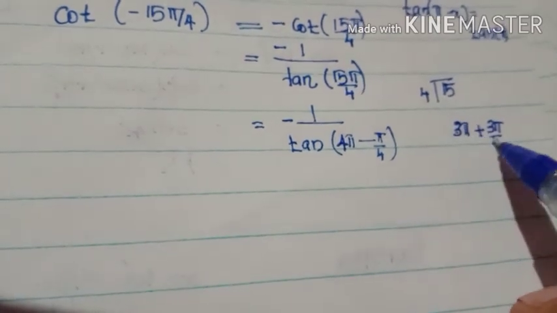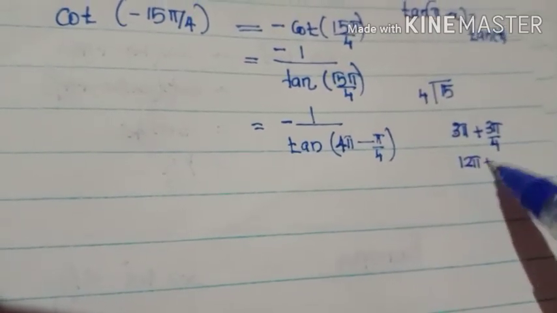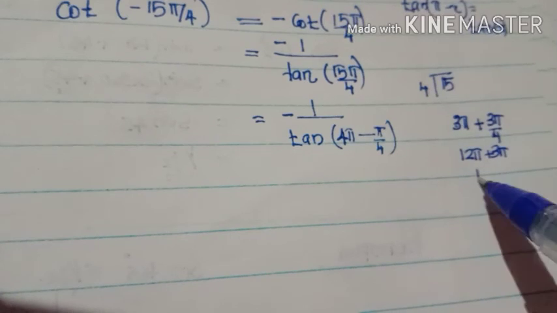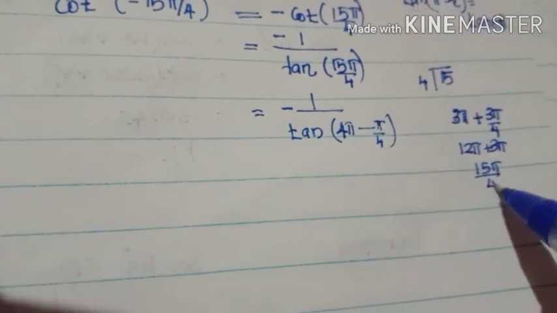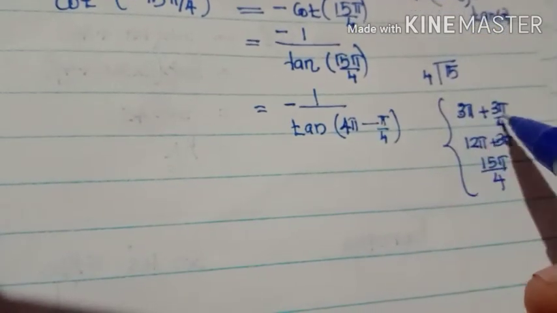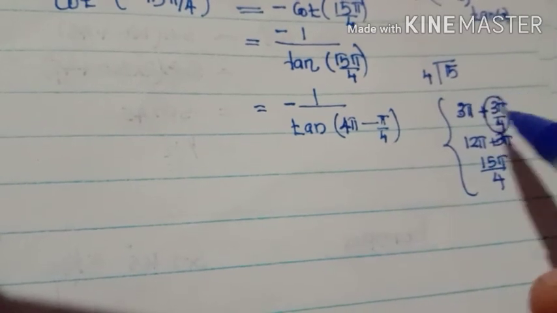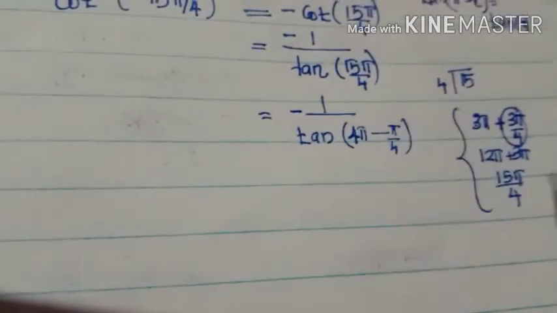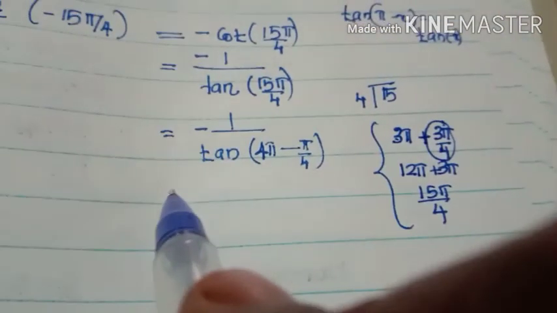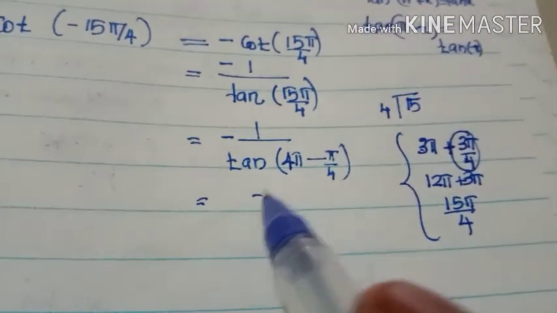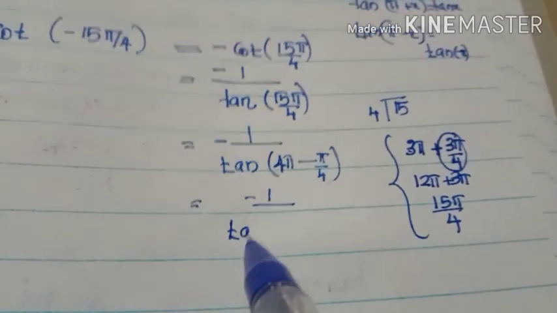Listen, 3 pi into 4 is 12 pi, 12 pi plus 3 pi is 15 pi, so 15 pi by 4. If we write in this manner, 3 pi by 4 is a little bit confusing. That's why I converted it into 4 pi. So this becomes negative 1 by tan.